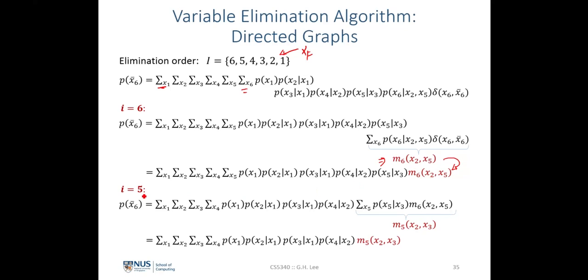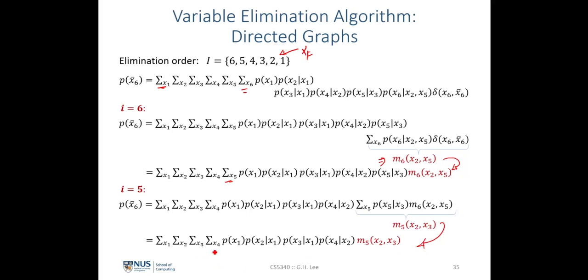Then the next thing we'll do is look at the innermost summation term over here, which happens to be X5, and we'll do the same thing by pushing in this summation into the factors which consist of the random variable X5, and then we'll compute the message M5 and pass it to the next step.